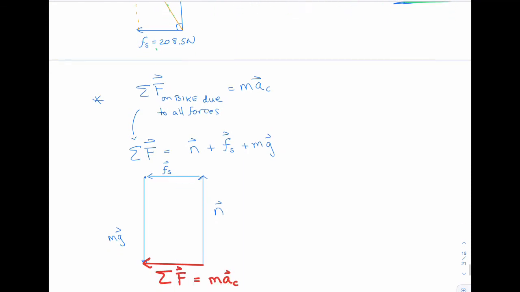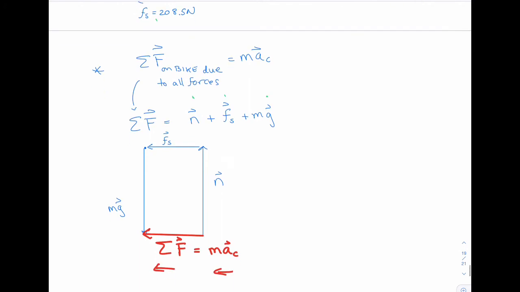So remember, the net force on the bike due to all forces is ma. There's three forces: that's due to the road, that's due to the road, that's due to the earth. If I added them head to tail, N plus static friction plus mg, here's where I start, here's where I wind up.